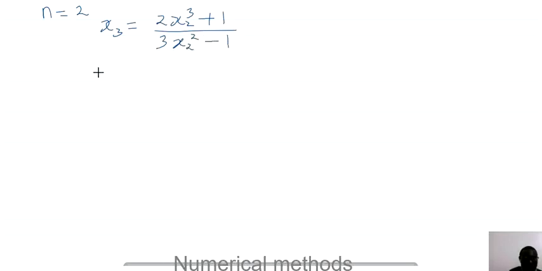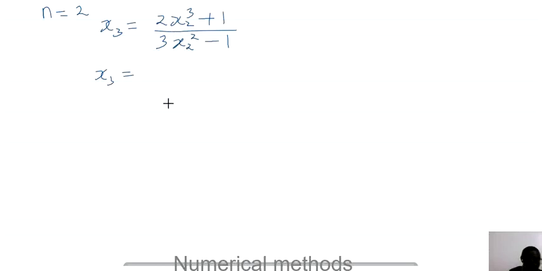So we need now to go to when n is equal to 2. When n is equal to 2, we shall have x3 being equal to (2x2 power 3 plus 1) all over (3x2 power 2 minus 1). So x3 is now in terms of x2, which we got as 1.3252.